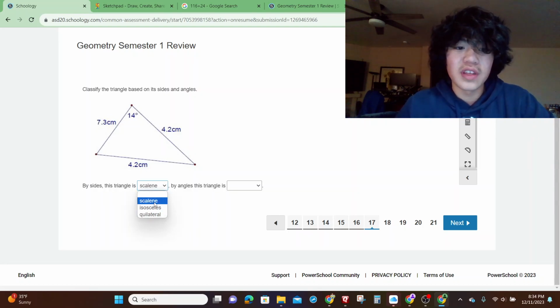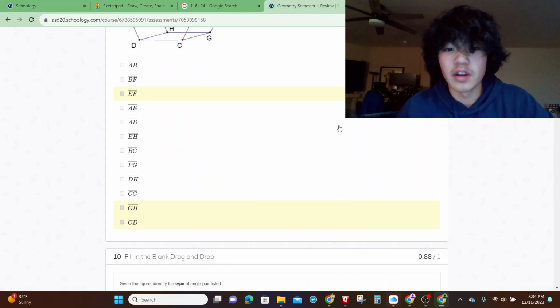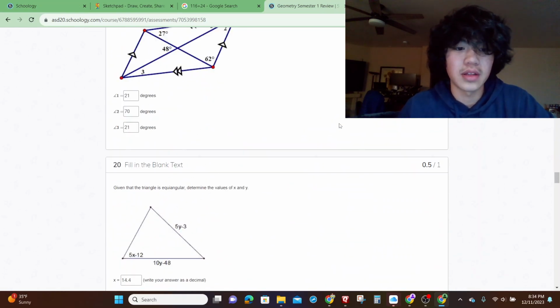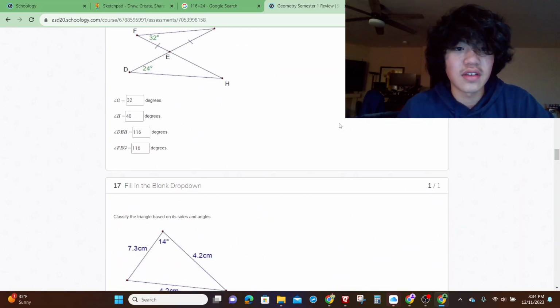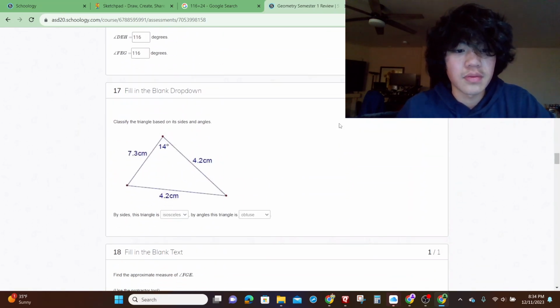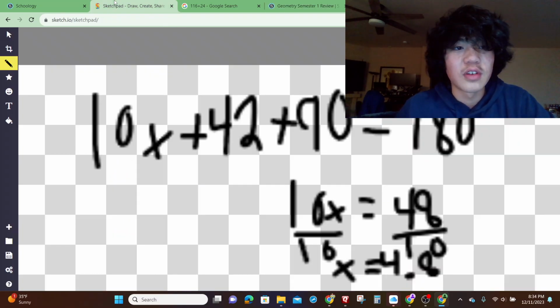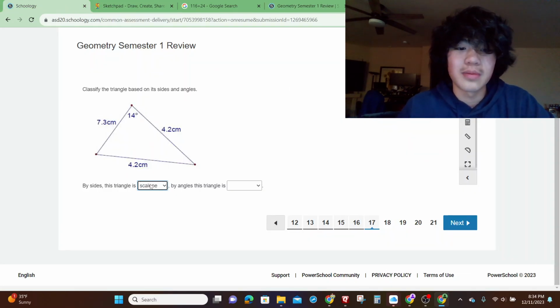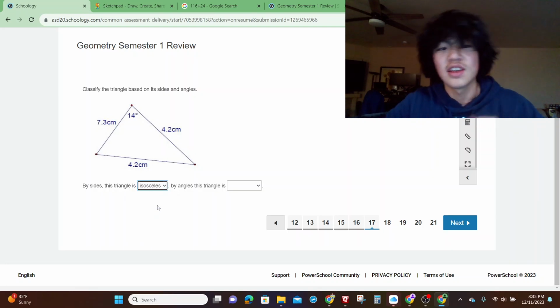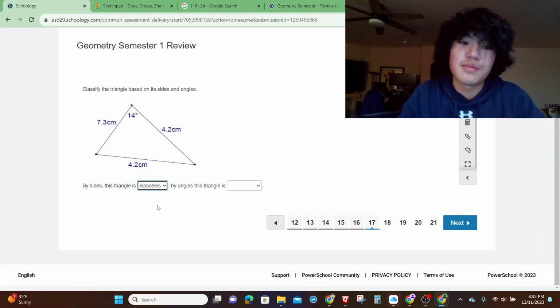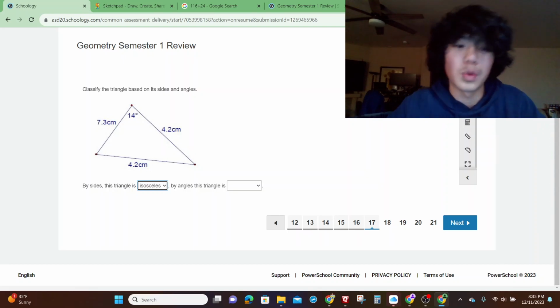Equilateral is they're all the same length, and then isosceles is none of them are the same length, but let's just double check that. Oh, never mind, I got mixed up. So scalene is all the sides are different measures. Isosceles is there's two of the same sides and then one different one.